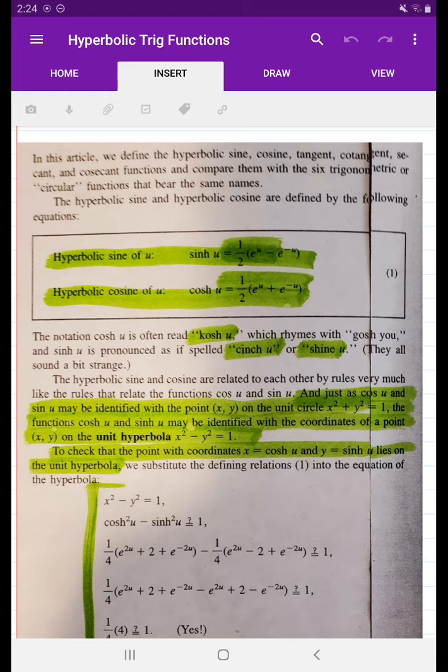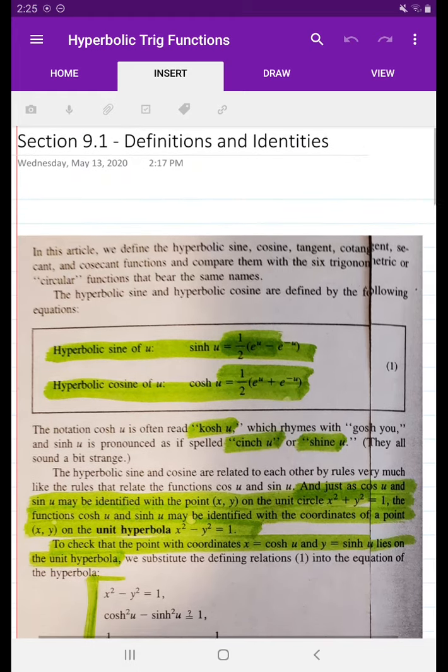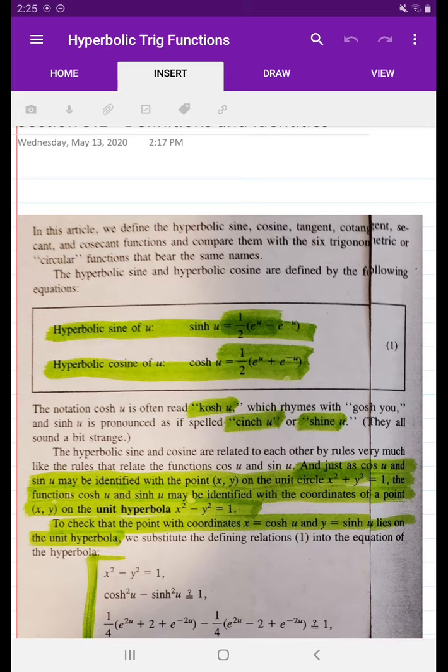So what I'm going to do today is go through the basics behind some of these functions and some of their identities, and then do a few examples, and then your first assignment will come from the exercises at the end of this section. The hyperbolic trig functions are kind of like our regular trig functions, which are all based around sine and cosine.